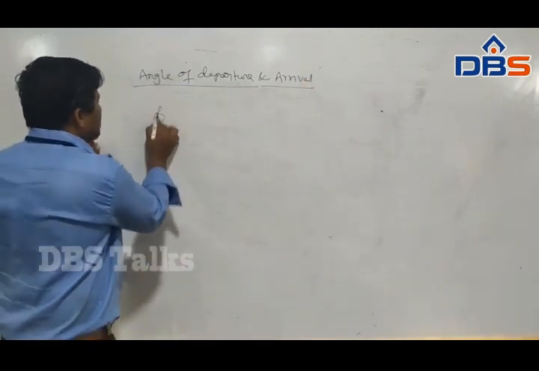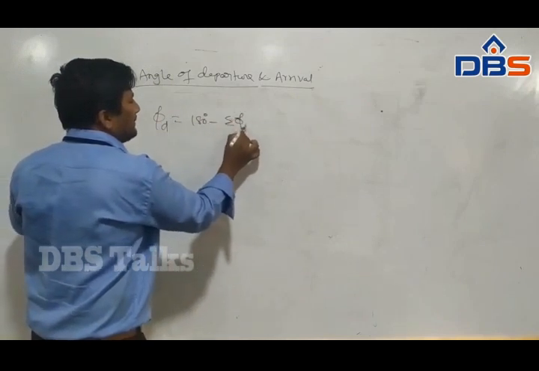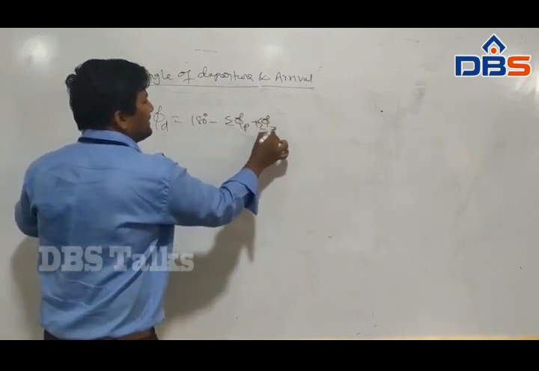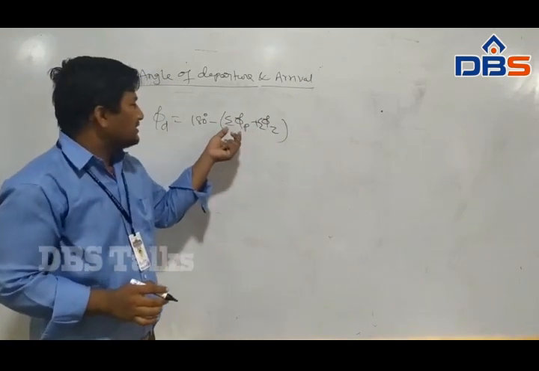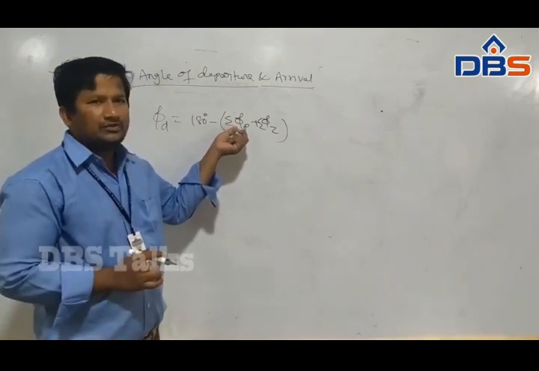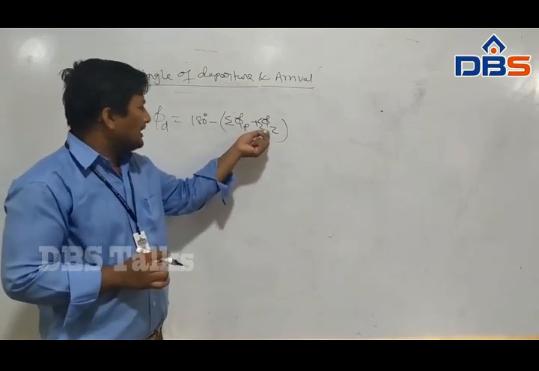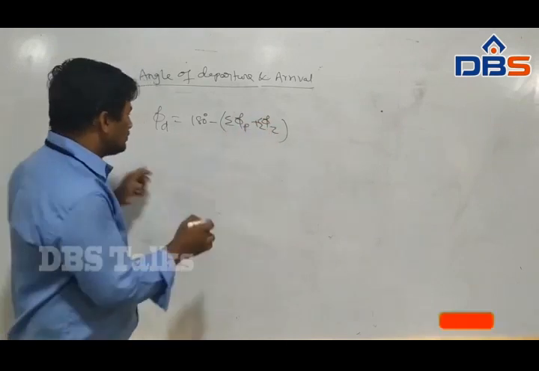The angle of departure φd is equal to 180 degrees minus the sum of φp plus the sum of φz. That is nothing but 180 degrees minus the sum of the vector angles from all the poles to the dominating pole, plus the sum of the vector angles from the zeros.